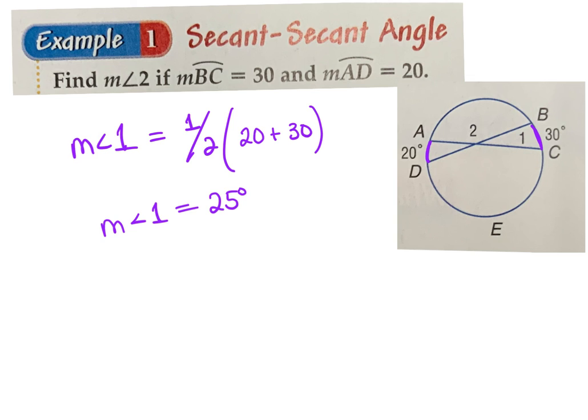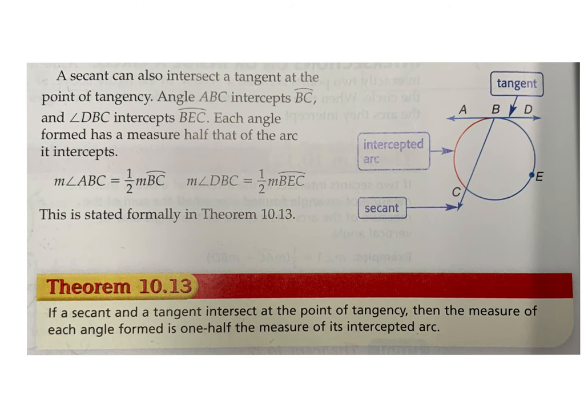Since I'm solving for its supplement, so the angle that is right next to it, I would say 180 minus 25. That will give me 155 degrees, which is my answer here. The measure of angle 2 then is 155. Does that make sense? Question.